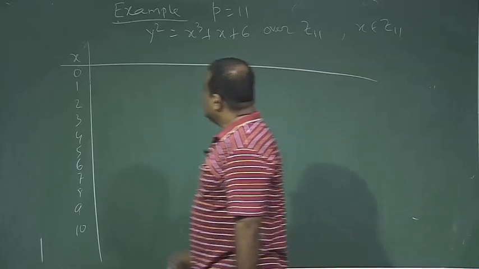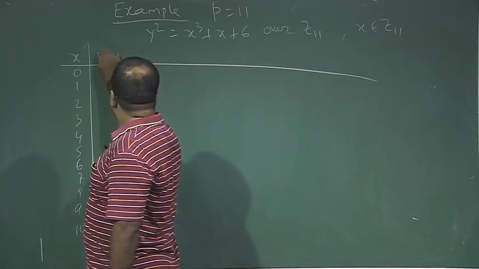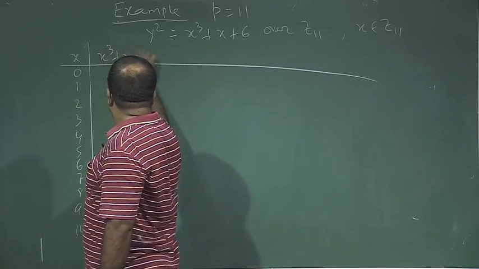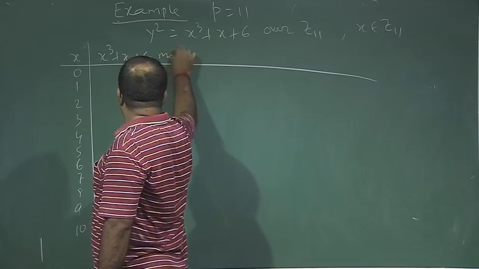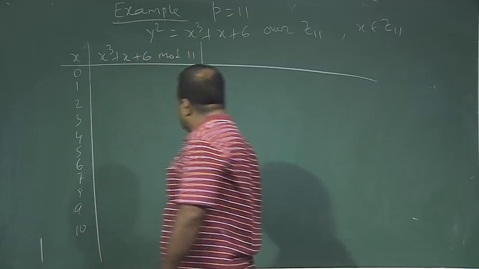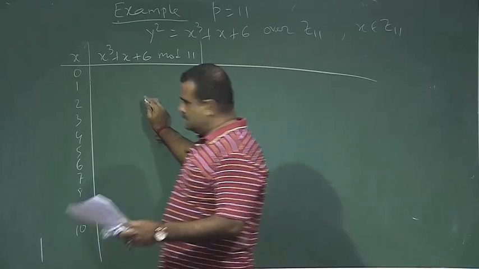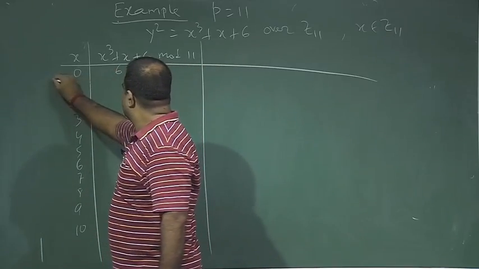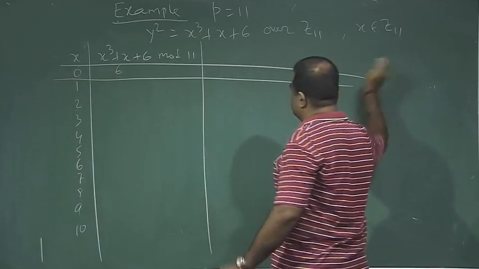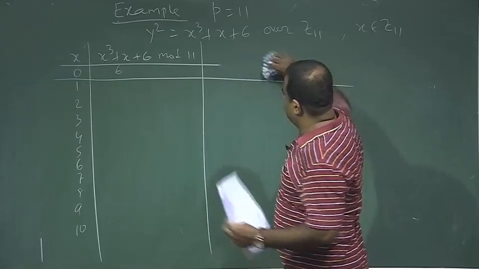So, these are the values x can take. Now, we have to compute this x cube plus x plus 6 mod 11. So, if we put 0 over here, it is basically 6. It is better to draw a separate line for this.